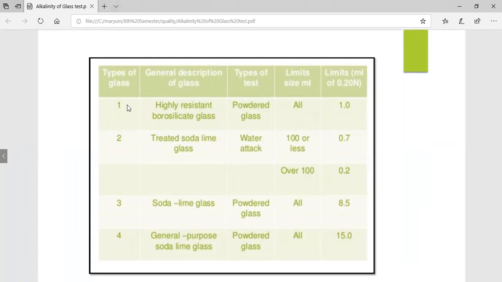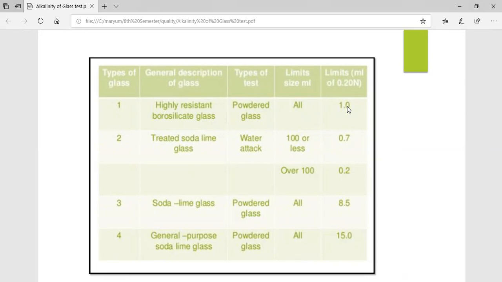For highly resistant borosilicate glass, we perform the powder glass test, and the sample size can be any. The limit of the base is 1 ml. If the limit is exceeded beyond 1, then we can say that this is not type 1 glass.